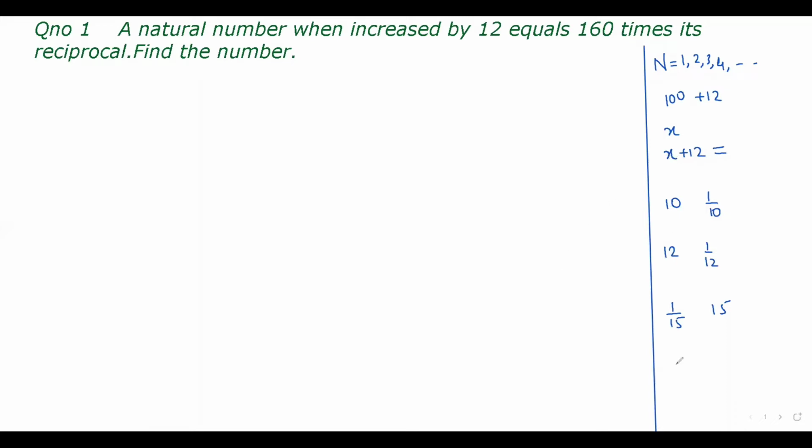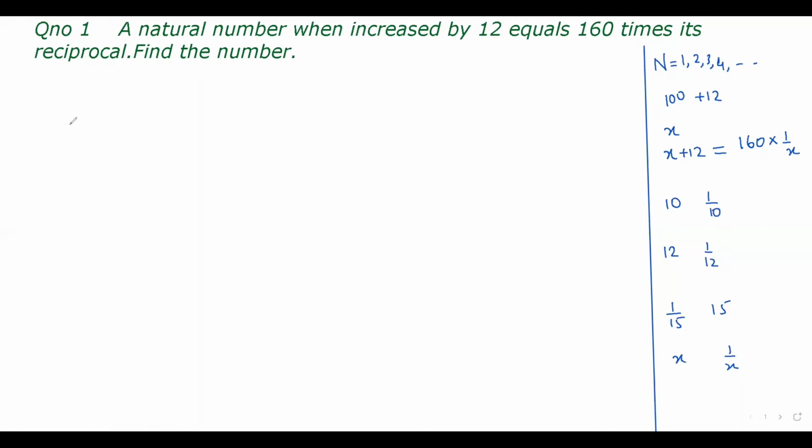So x का reciprocal क्या हो जाएगा? 1 by x हो जाएगा. तो question के हिसाब से a natural number when increased by 12 equals 160 times its reciprocal. Reciprocal of number x is 1 by x. So it is 1 by x. Okay. If you have framed the first equation correctly, then we can easily solve the question and get the number. So fine, hope you have understood the question.